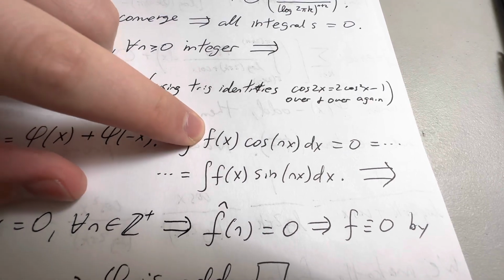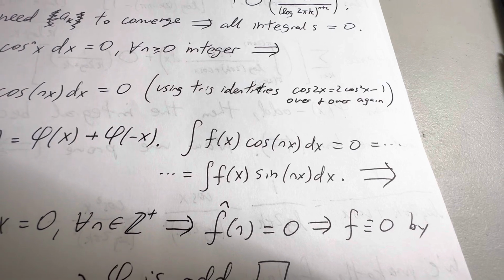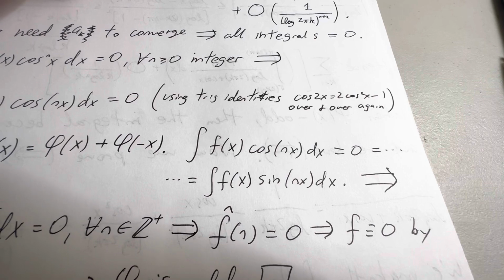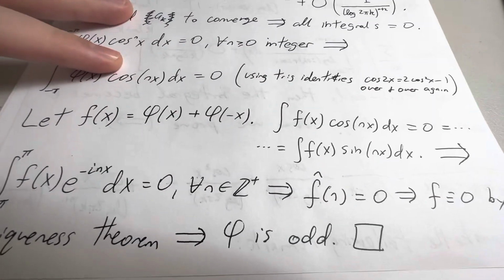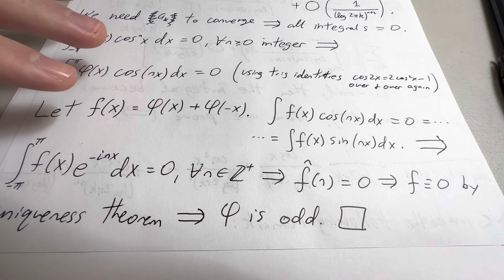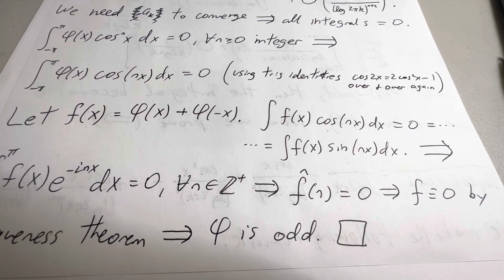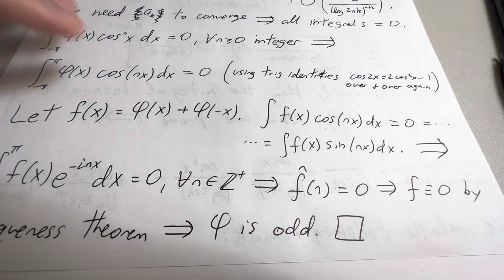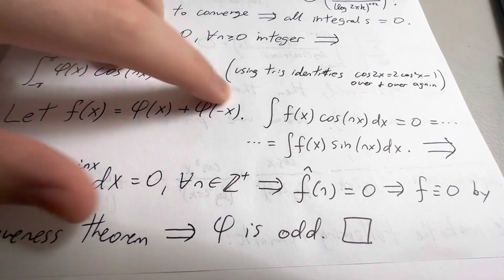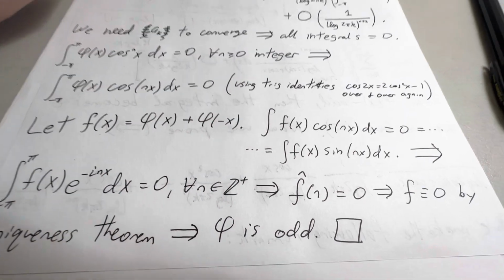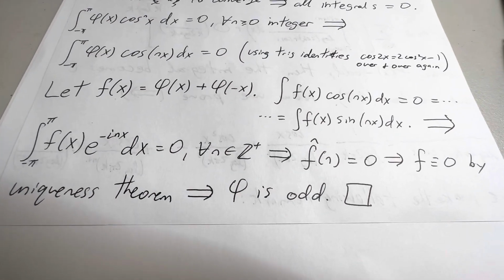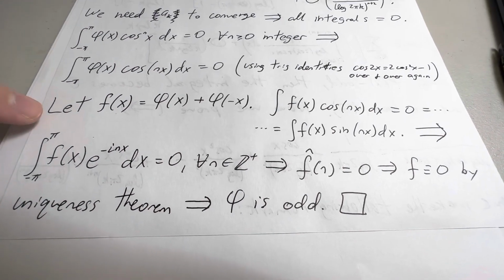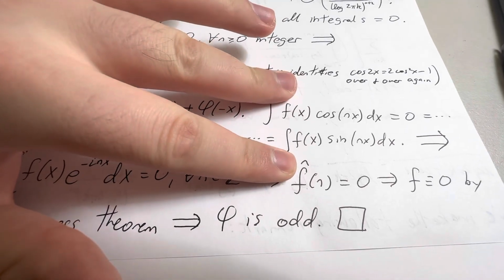I'm not seeing immediately why this is 0, but I know it's obvious because he said it was obvious. But it's dangerous to say the word obvious in mathematics, because then you forget stuff like I'm doing. But it's equal to 0. I don't think it's that hard. Oh, wait, I know why now. It's because you can split it up into these two, right? And then split the integral up and show them both equal to 0. Okay, I talked myself through it. I see now. So this is equal to 0.